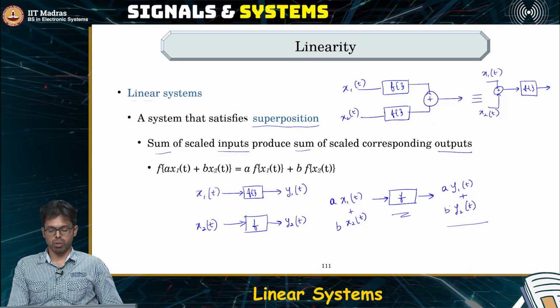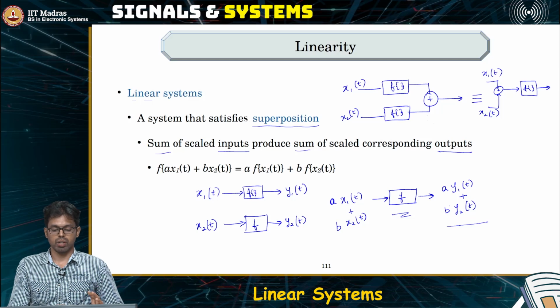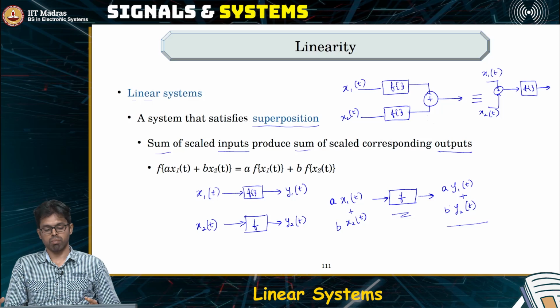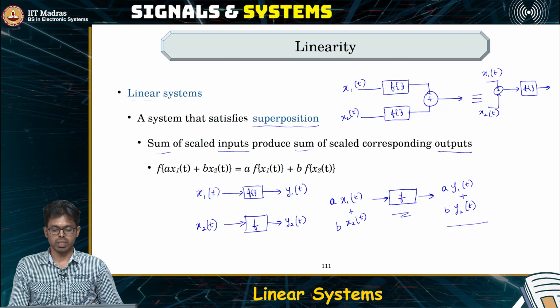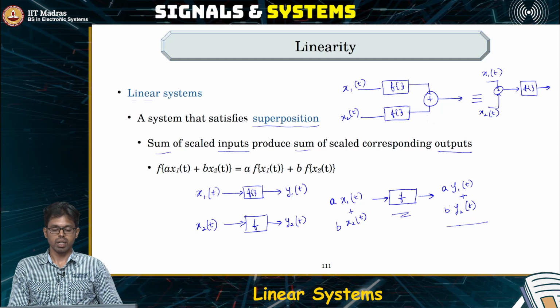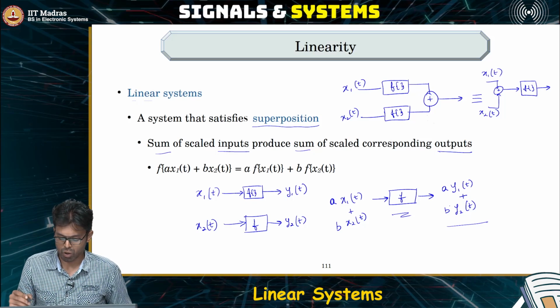So the superposition property tells us that a linear combination of certain signals will produce the same linear combination of the outputs of the corresponding individual signals. A system that satisfies the superposition property is called a linear system. So what do we mean by linear combination?